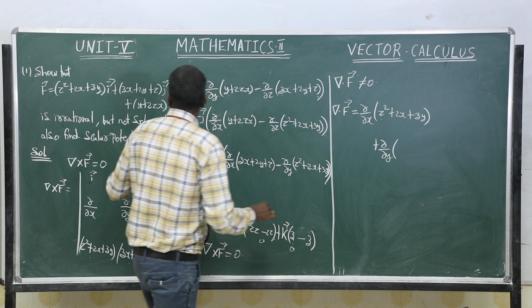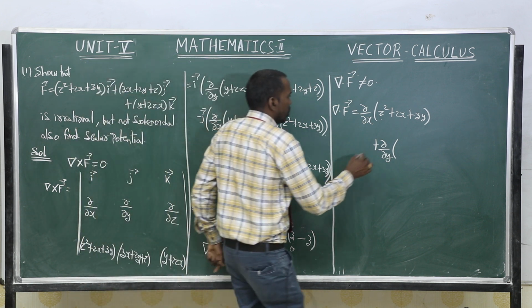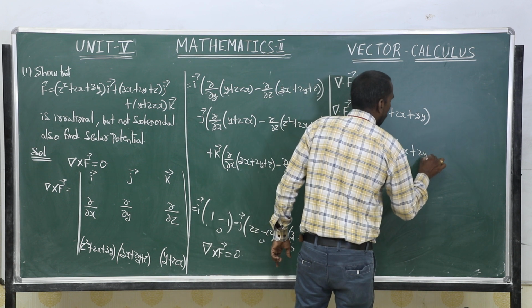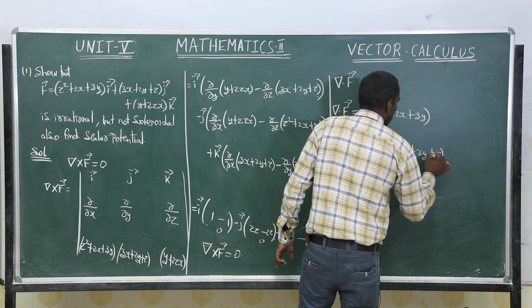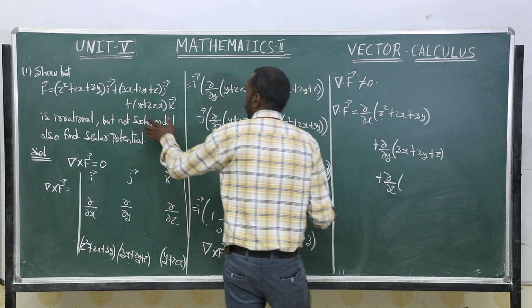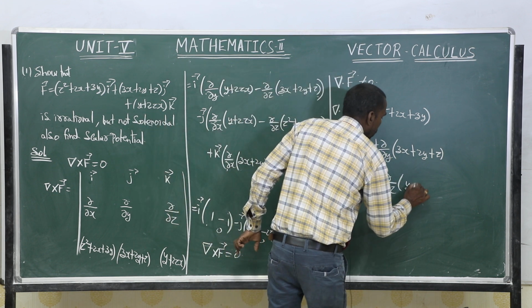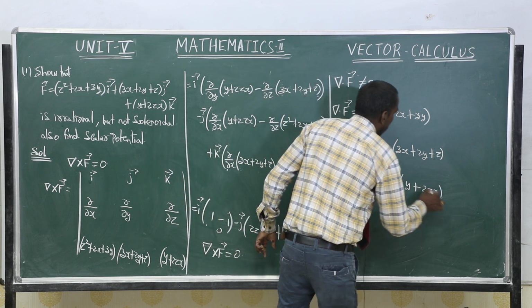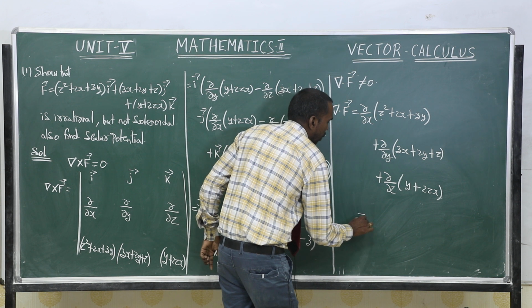of the j coefficient, 3x + 2y + z, plus del by del z of the k coefficient, y + 2zx, close the bracket. This is the dot product.